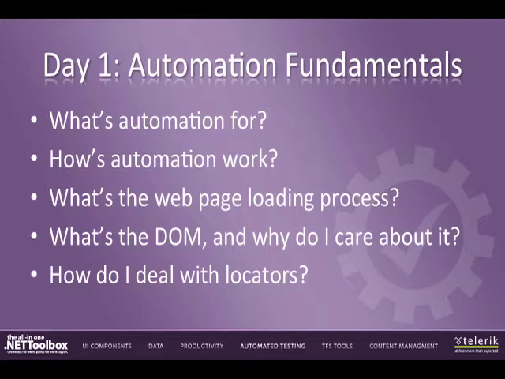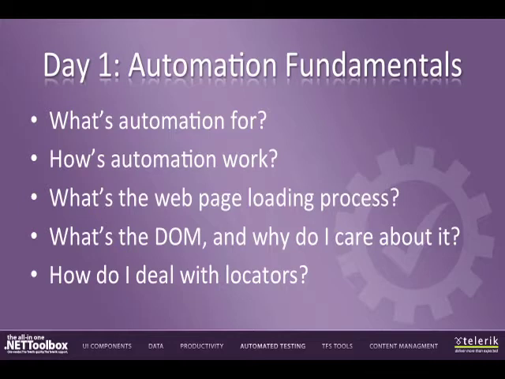We covered how automation works. You have a test script that you write in something like Selenium WebDriver or Watir, or that you have written in Test Studio. A test runner kicks that process off. It starts up the browser, it attaches a plugin to the browser, and then we're able to communicate directly to the browser. We talked about the web page loading process and how a server will give back pieces of information to a browser, which is the client.